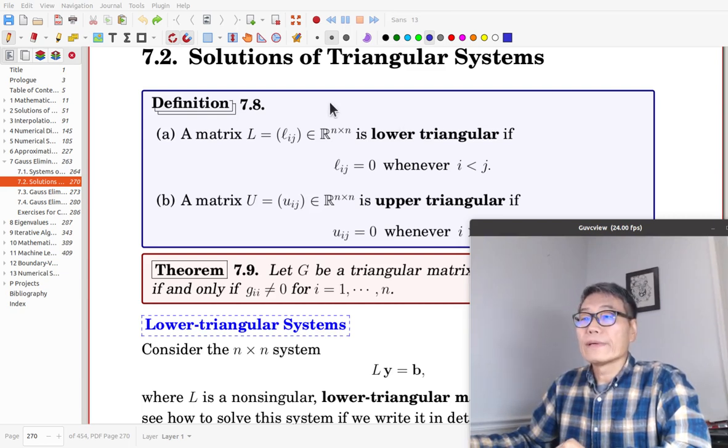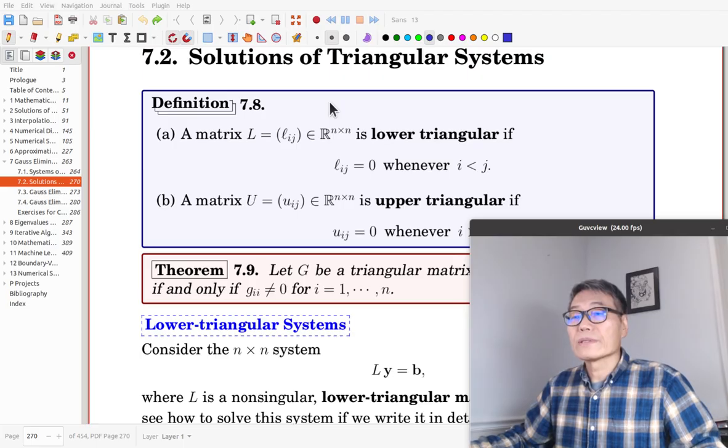Now we have a short section, solutions of triangular systems. Let's begin with the definition for triangular matrices.